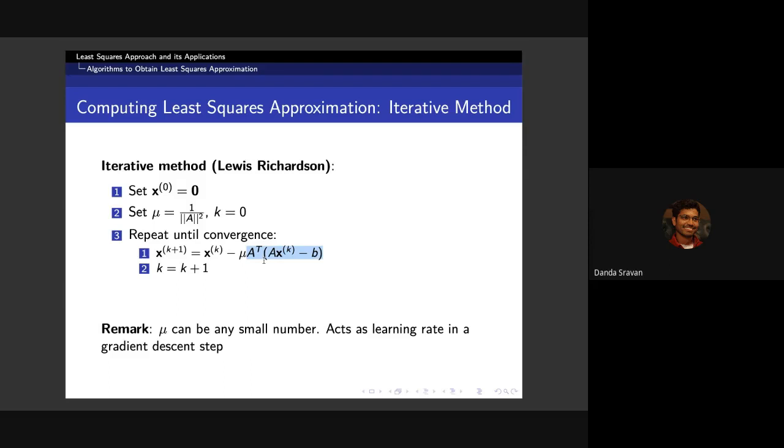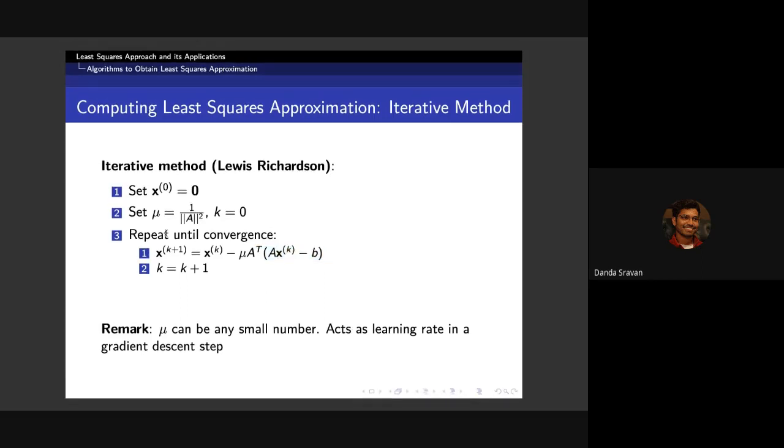At every step, I try to get rid of the component which doesn't satisfy this property. This is somewhat close to what we saw last time in the power iteration method. I keep doing this, and eventually I will converge to an x which satisfies this part equal to 0.